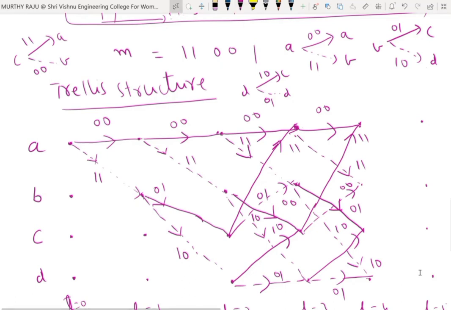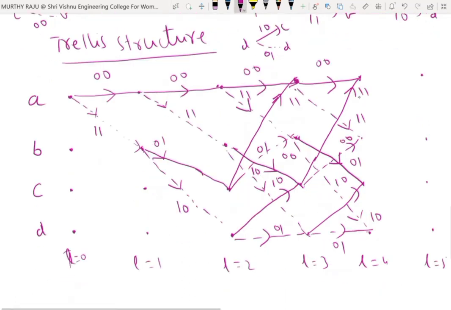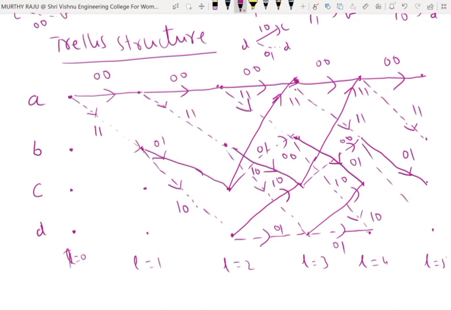Next one. Here A to A with output 0 0 and input bit is 0. A to B 1 1. Next B to C. Here B to C with output 0 1 and B to D 1 0.